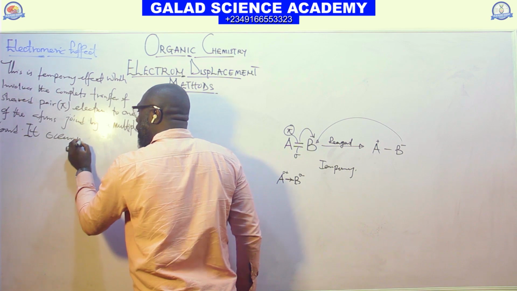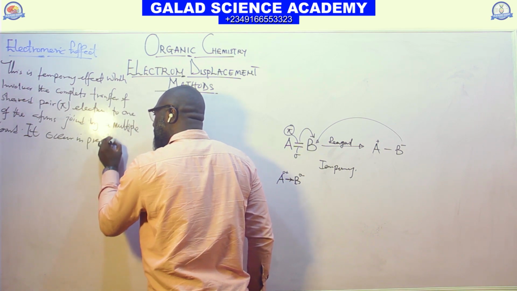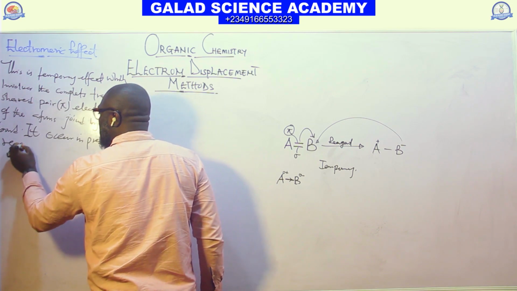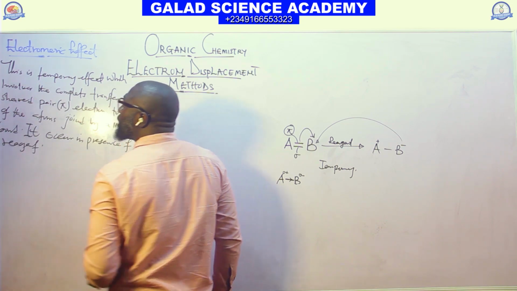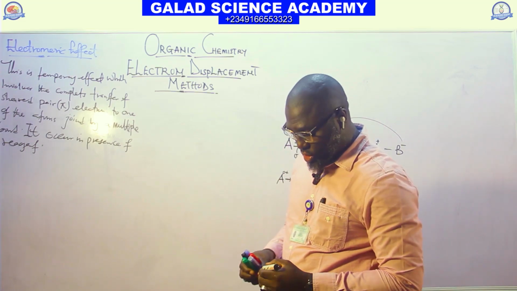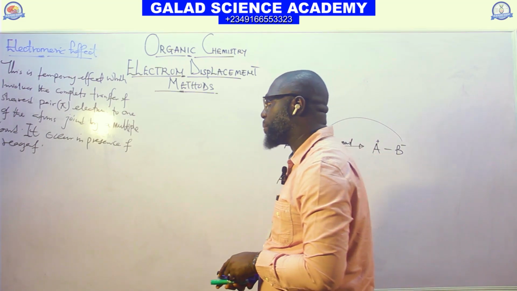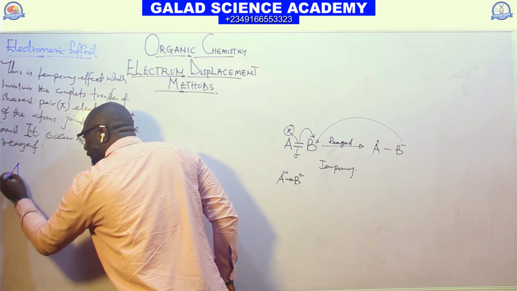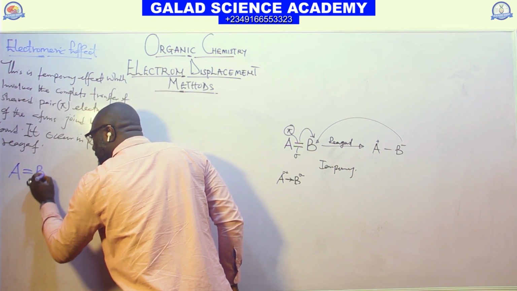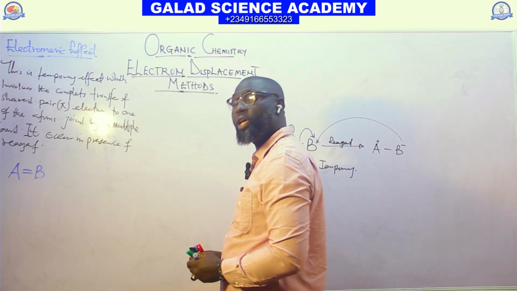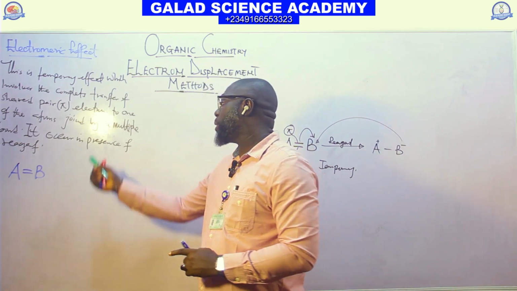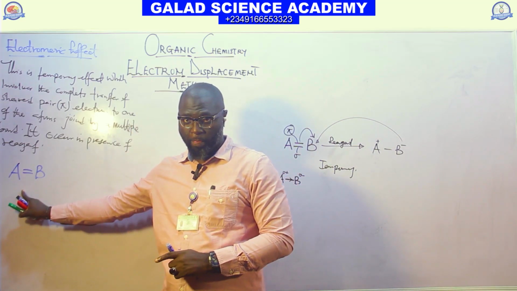It occurs in the presence of reagents. Without reagents, this reaction cannot occur. Take, for example, A and B bonded together like this. I said the electromeric effect cannot take place in a single bond, only in a multiple bond.